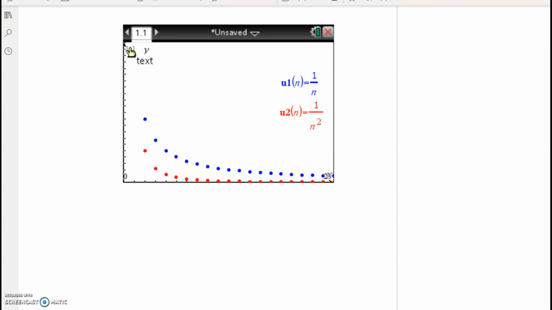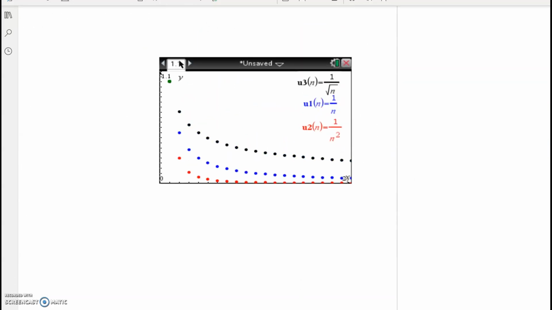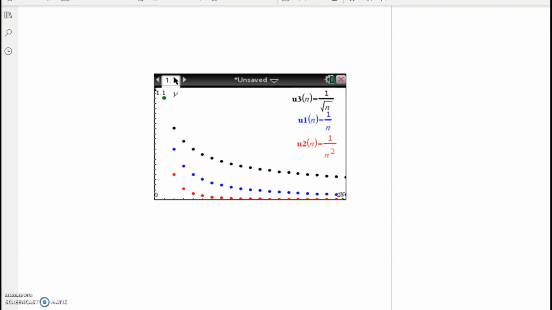So what's the deal? What's the power? Putting in a third option, there it is, 1 over square root of n. So now we're looking at 1 over square root of n, which would be n to the 1/2.